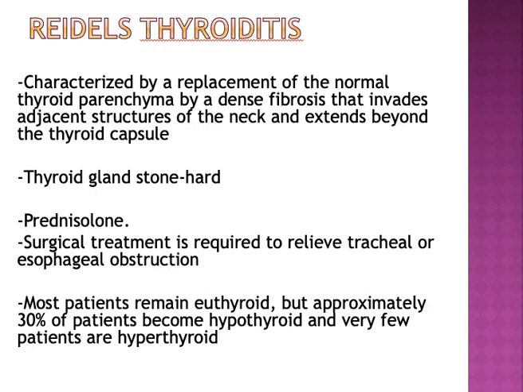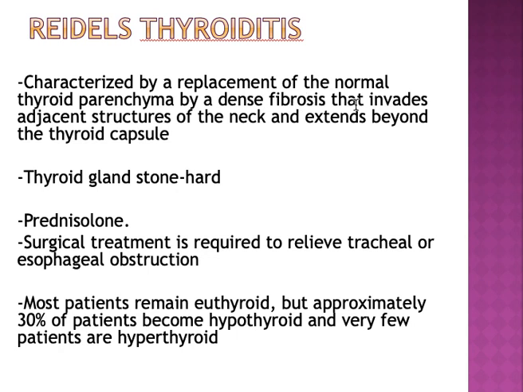Okay, so this one is not so important, but it's written over here, so I'm going to explain it a little. You can see Riedel's thyroiditis. So what is this one? As you can see over here, the normal thyroid parenchyma, or the normal thyroid tissue, is replaced by fibrosis.